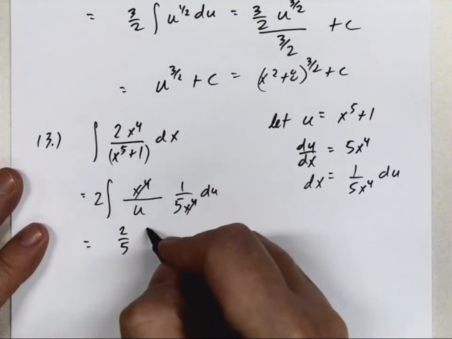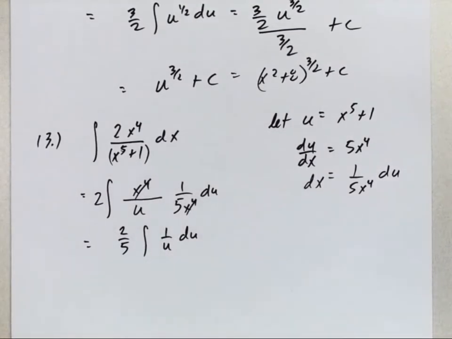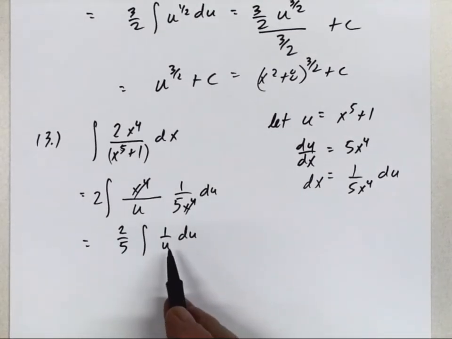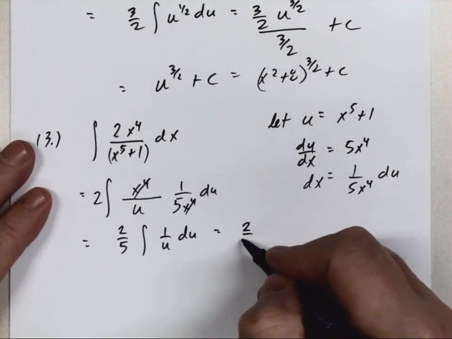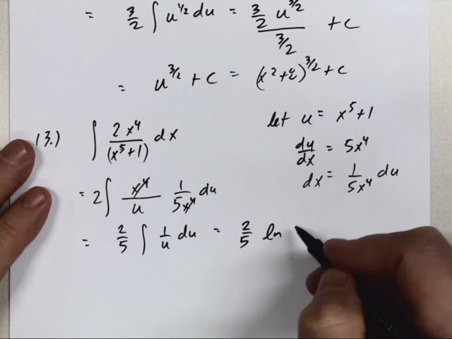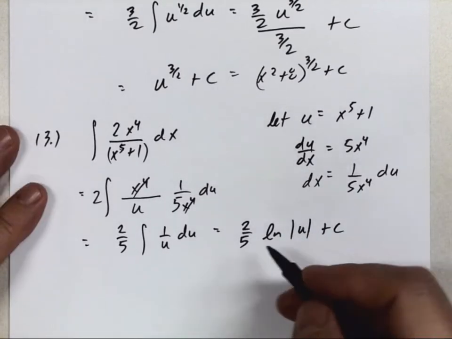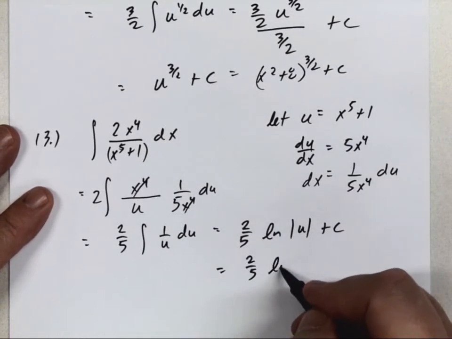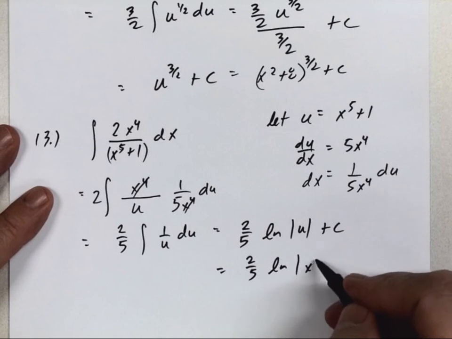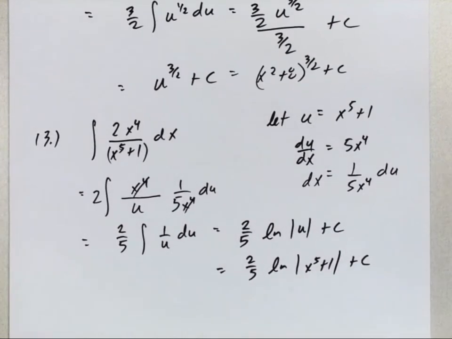By the time the dust settles once again, we actually know how to integrate this. This is going to be the natural log. Last step, switch back to x's. And that should be the answer.